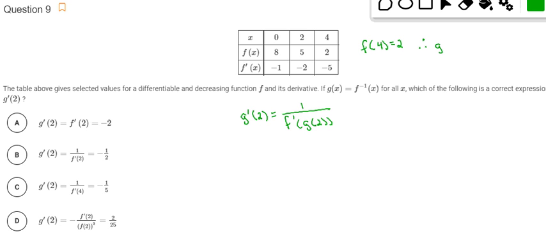Therefore, since they're inverses, G of 2 equals 4. So F prime of G of 2 is F prime of 4, which equals negative 5. So this is equal to 1 divided by negative 5, which is negative 1/5.